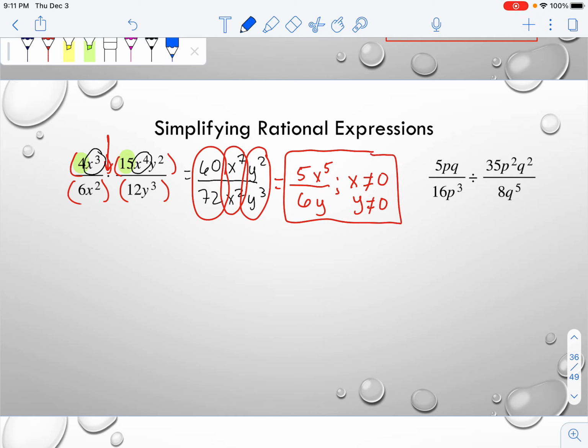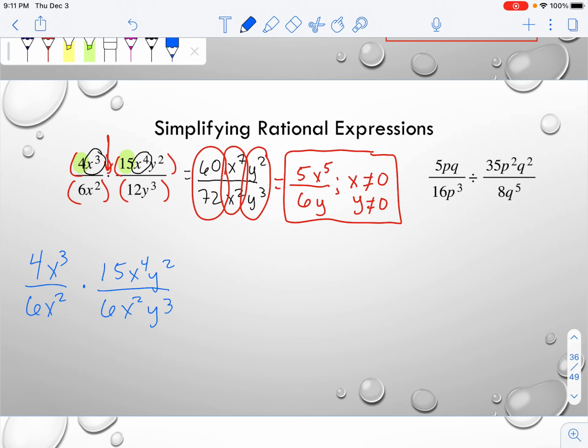Now the alternative way to do this, let me rewrite our original problem. Some people like to simplify this a little bit differently.